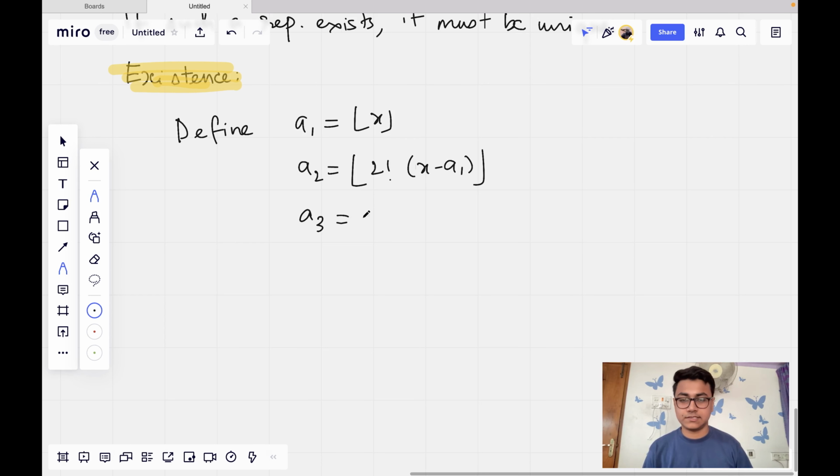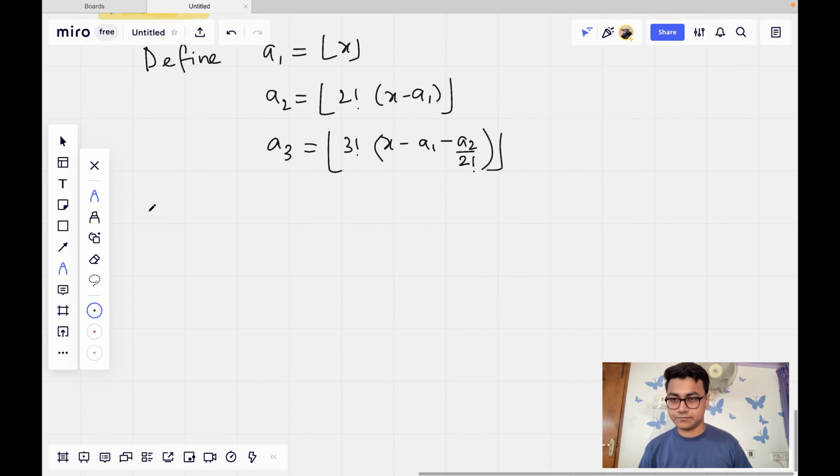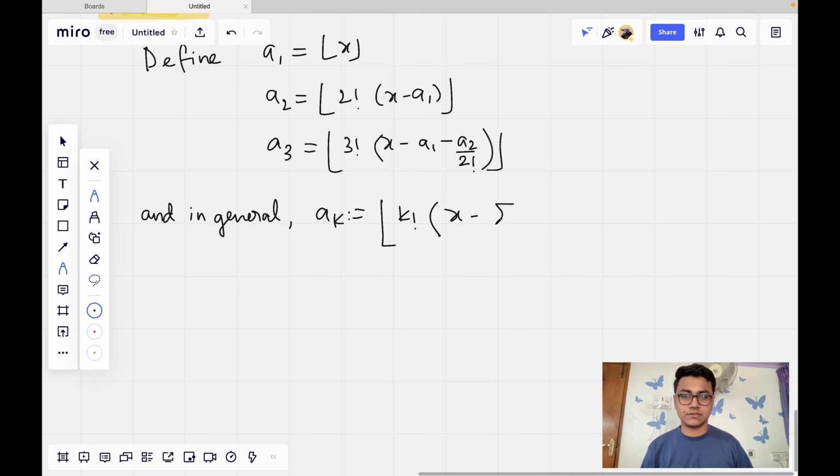We get a3 as the box of 3 factorial times x minus a1 minus a2 by 2 factorial, and in general we define ak as the box of k factorial times x minus the summation i equals 1 to k minus 1 of ai by i factorial.